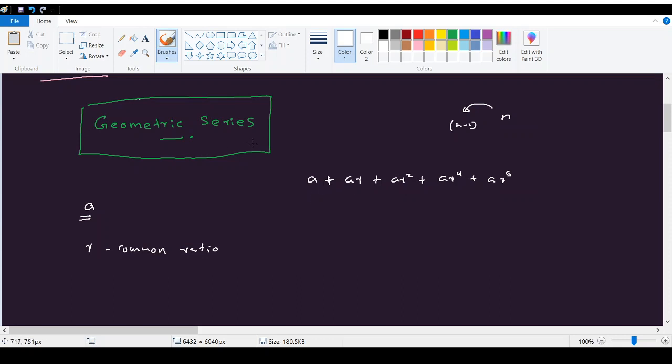The special property of a geometric series is that you just have a common ratio, that's all. We can represent it in sigma notation.